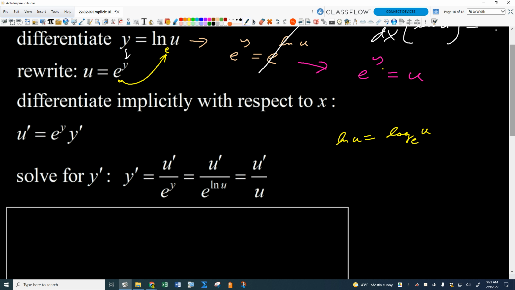So then if we solve for y prime, we just get y prime equals u prime divided by e to the y. But what is e to the y? Y was originally defined as log u, right? So e to the log u is just u. So I get u prime over u. There's my rule, right? We just came up with the derivative rule for logs. Okay, it's just this.